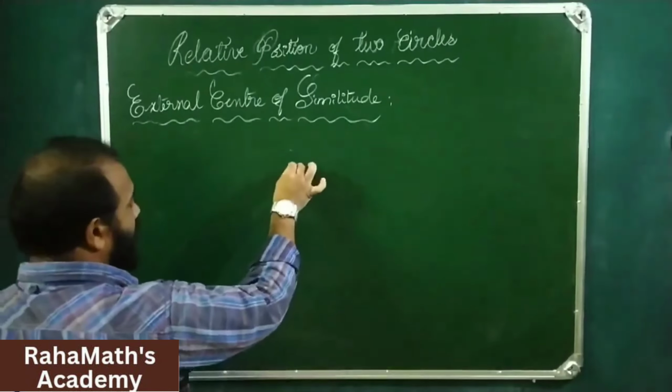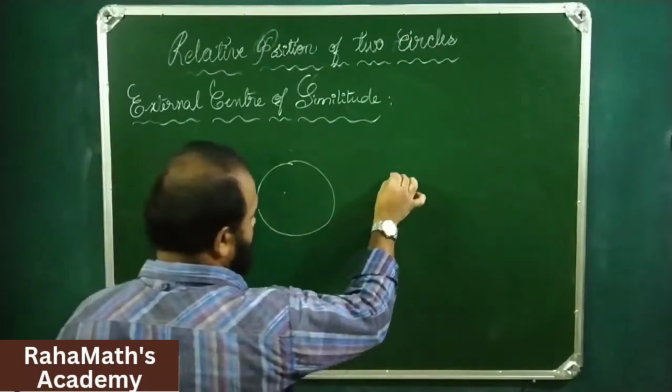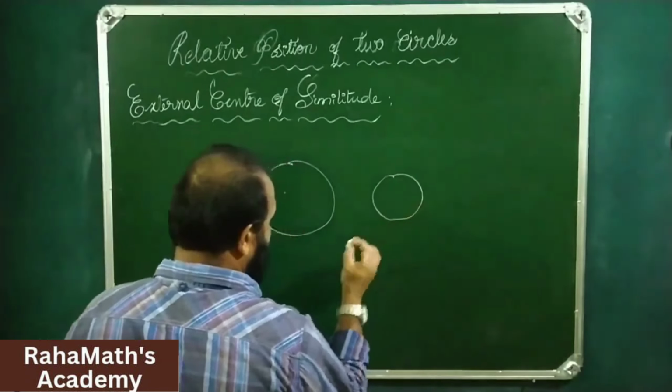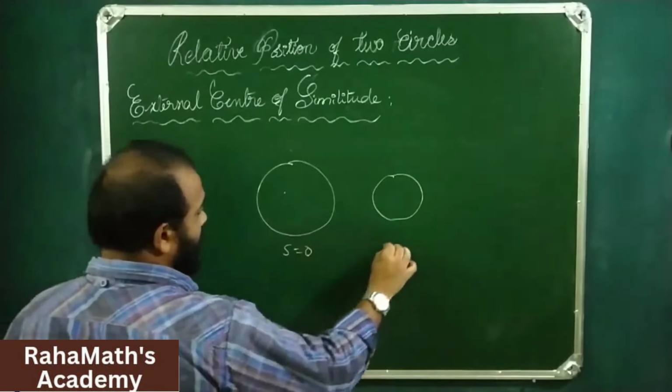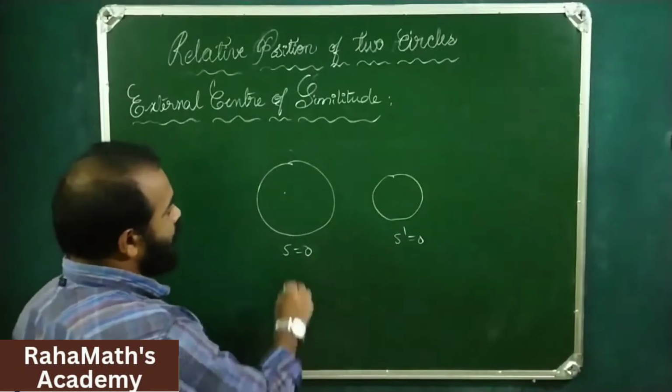So let us take two circles. This is S equals 0 and this is S dash equals 0.